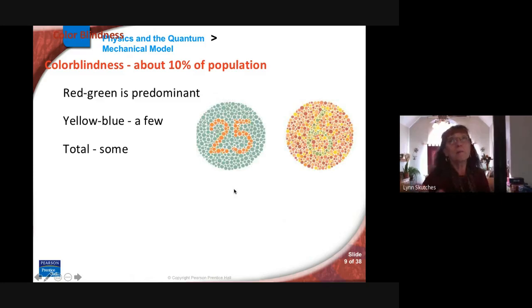Some people don't even know about it until it's brought up in a science class, because you kind of make adjustments. You assume a certain color is named a certain thing. It's how you perceive it. It may not be how everybody else perceives it. An interesting story: John Dalton, the guy that brought atoms to modern times, that matter's made of some smallest piece, was actually colorblind, and he didn't realize it until his 30s, because he got along fine with everything.